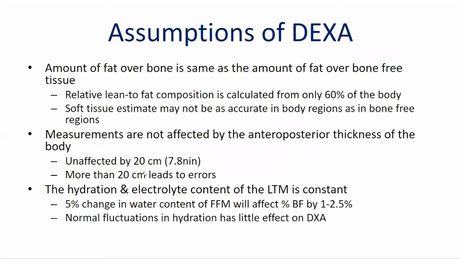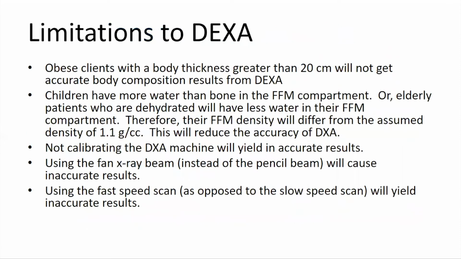So if you're using the DEXA on the abdominal region, you need to make sure that the patient's anterior posterior depth is no more than 20 centimeters or 7.8 inches. The hydration and electrolyte content of the lean body mass is constant. This is another assumption of the DEXA.